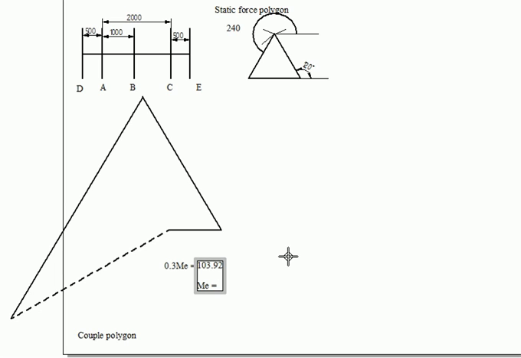So value of me you will get by taking suitable scale again, you will get 3.47 kg. Value of me will be 3.47 kg.